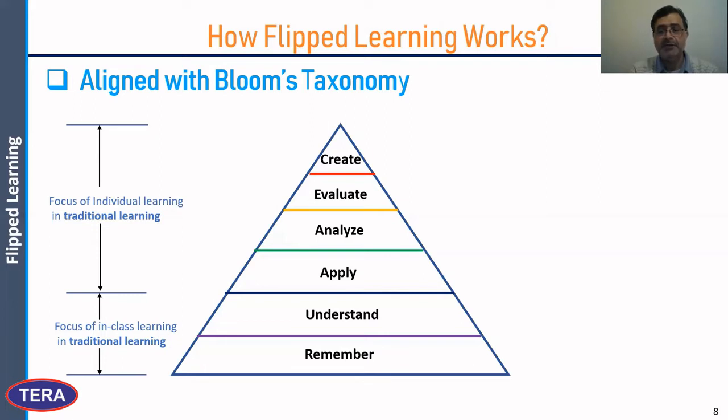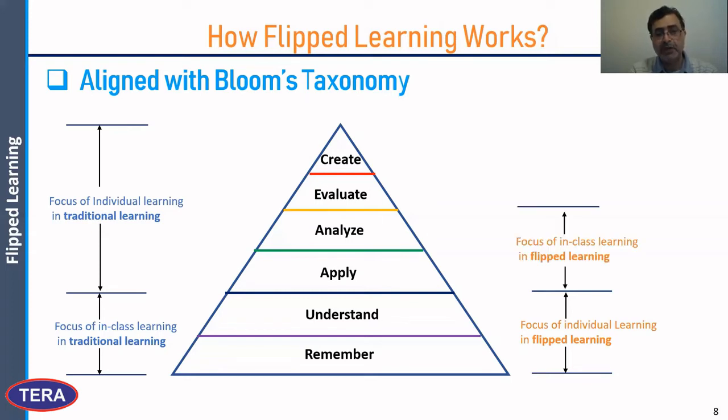Whereas in flip learning, which literally inverts the focus in terms of Bloom's taxonomy, the bottom parts of Bloom's are reserved for the students' self-instruction through structured activities, and class time is focused on the upper parts of Bloom's taxonomy. And then the topmost part, which involves complex tasks, can be done as a part of post-learning, according to the flip model of teaching.